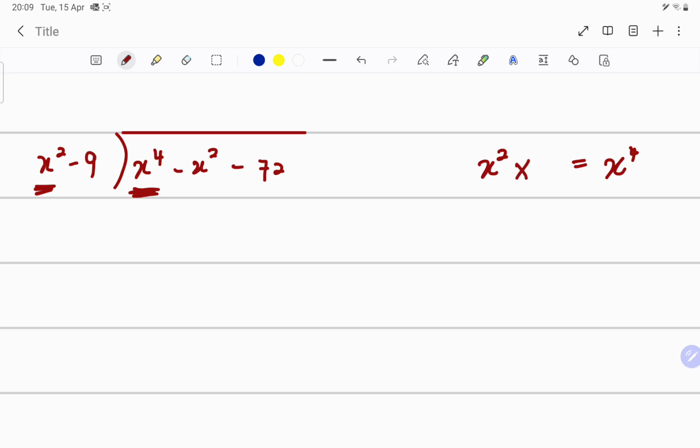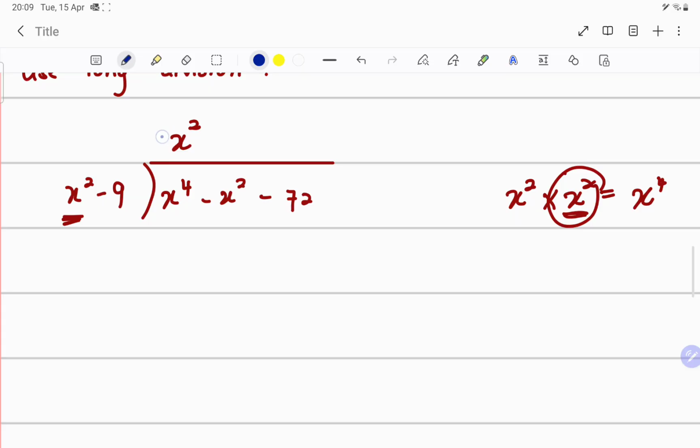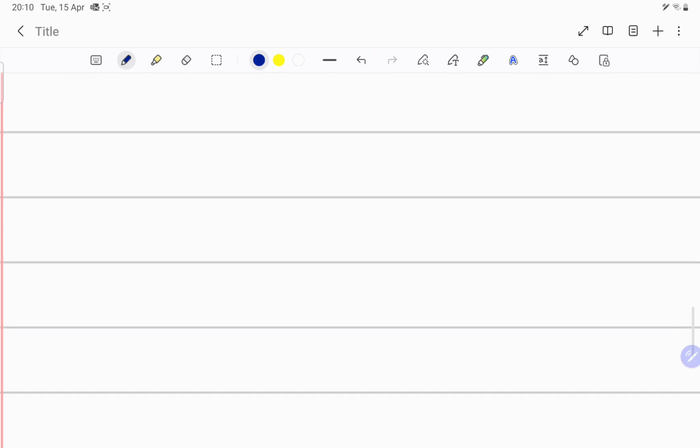To get x to the power of 4, you need to multiply with x squared, right? So this x squared that you get here, you put on top. And then what you need to do is multiply this x squared with this equation. That is the first step.